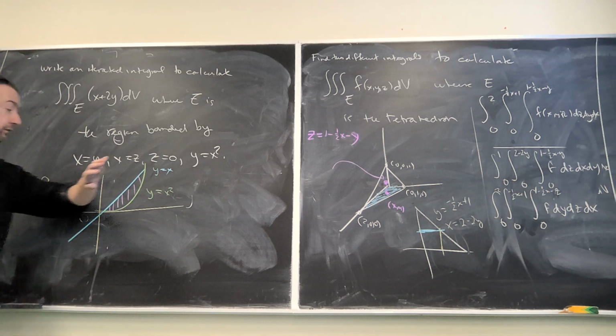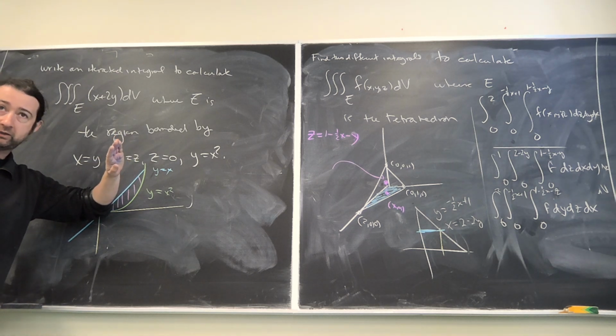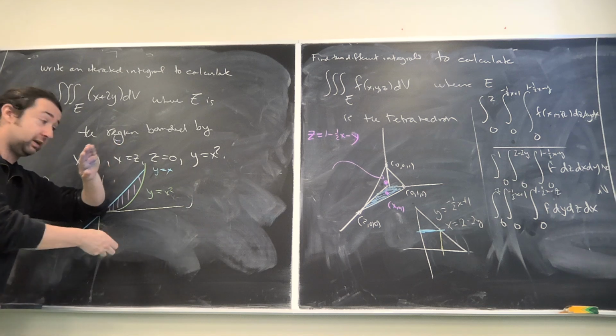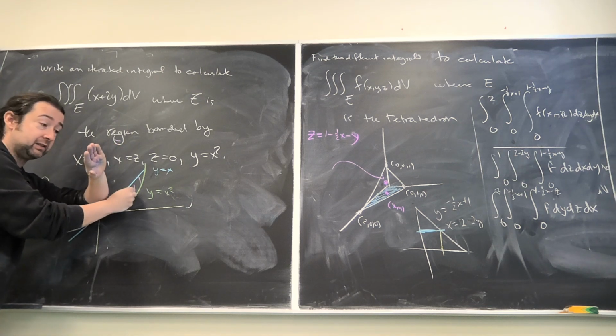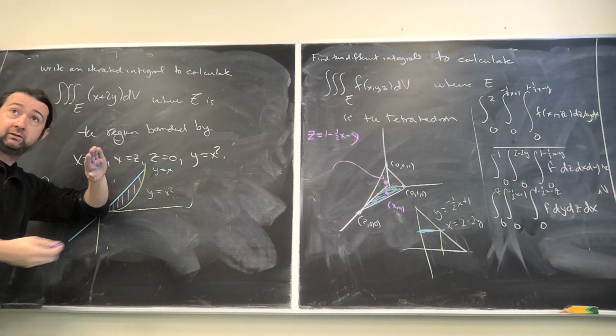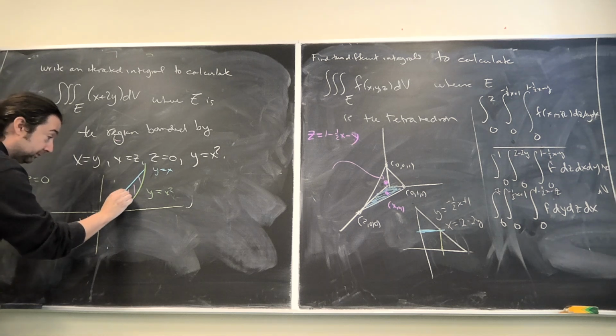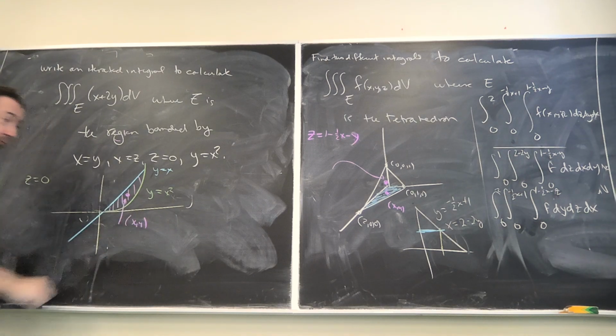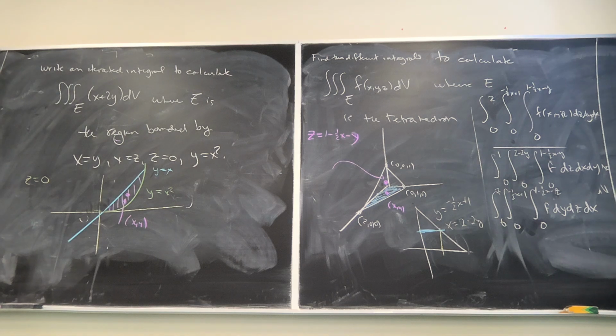Coming up out of it is the orange plane, which dictates that we travel from that base up to some position in the plane. So this point is the position x, y.